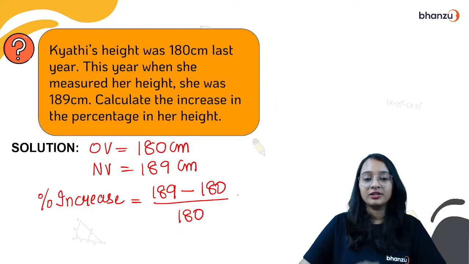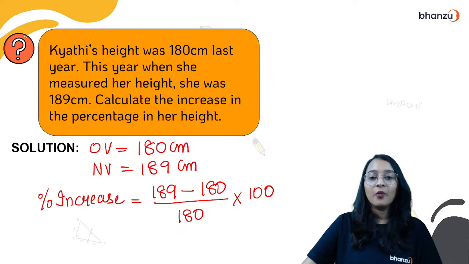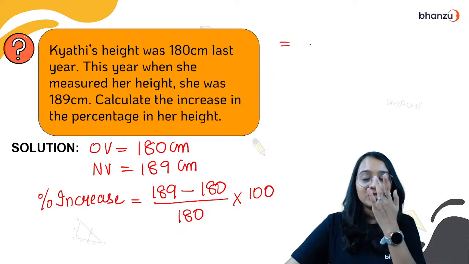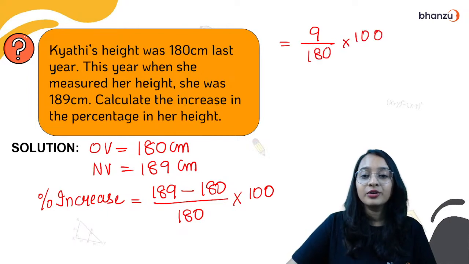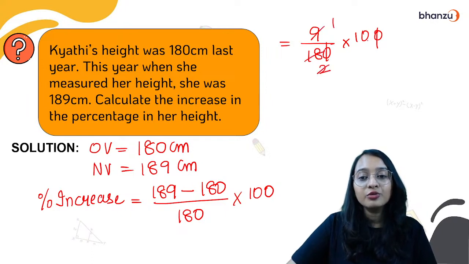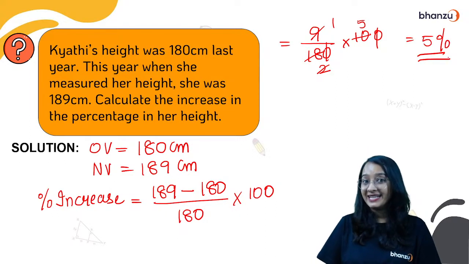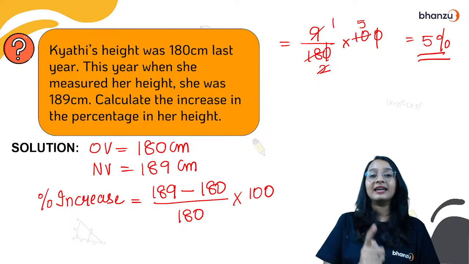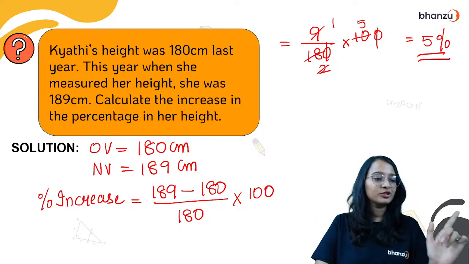We have to take the original value multiplied by 100. So now what is that we'll have? 189 minus 180 will give you 9 by 180 multiplied by 100. So you can cancel out the zeros here. 9 into 1, 9 into 2, 2 into 1, 2 into 5. So by what percent did her height increase? Her height has increased by 5% when compared to the last year.